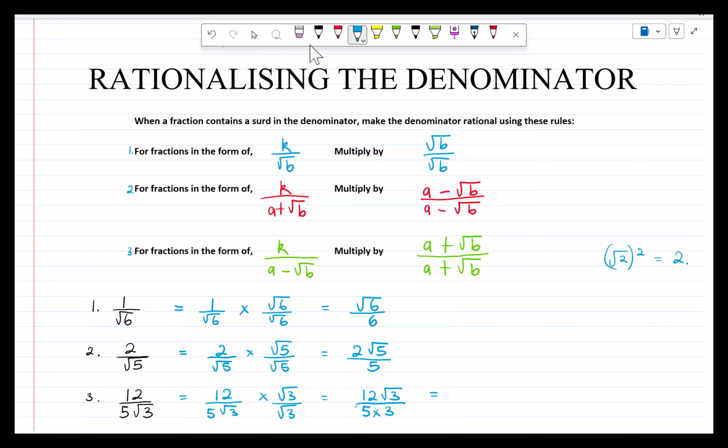And we then have 12 root 3 over 15, which we can further simplify by dividing 12 by 3, which gives us 4, and we divide also 15 by 3, which gives us 5. Hence, our final answer becomes 4 root 3 over 5.